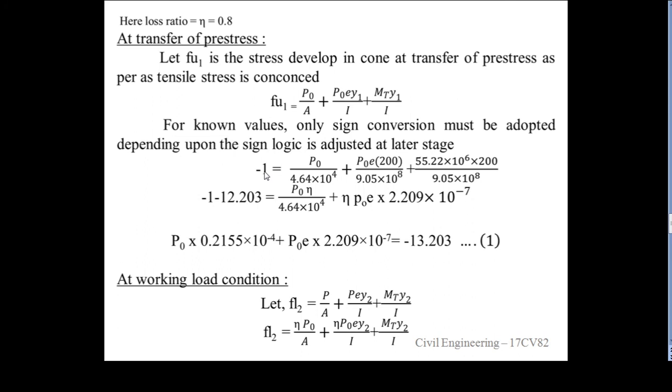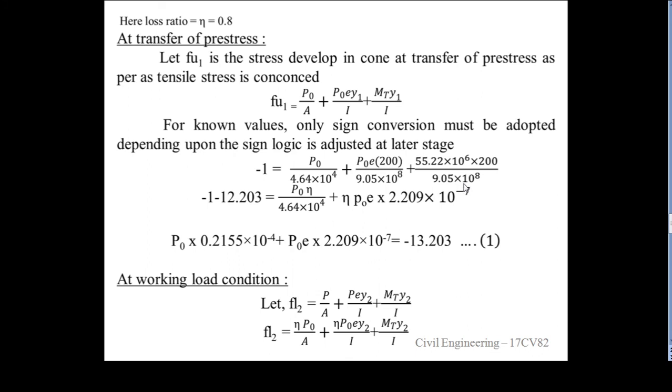Tension is negative, as we have taken, equal to P naught divided by 4.64 into 10 raised to 4 plus P naught E 200 divided by 9.05 into 10 raised to 8 plus here 55.22 into 10 raised to 6 into 200 divided by 9.05 into 10 raised to 8.